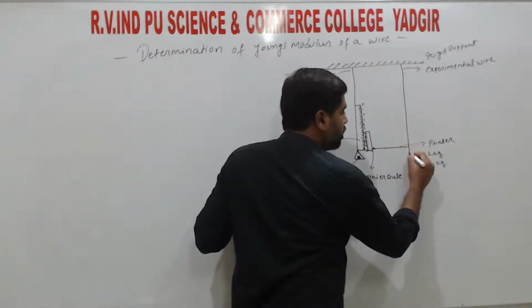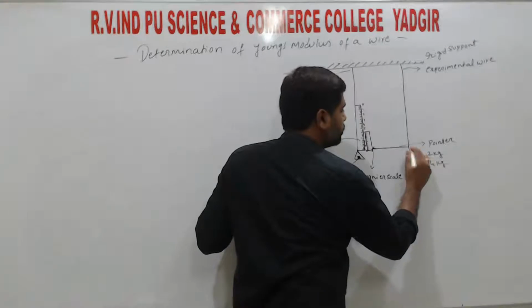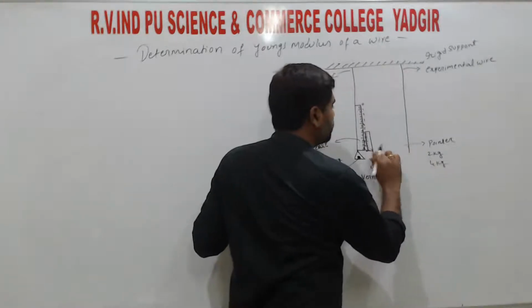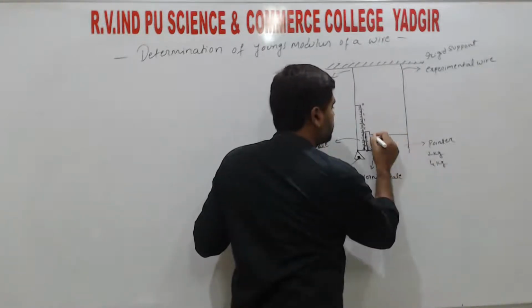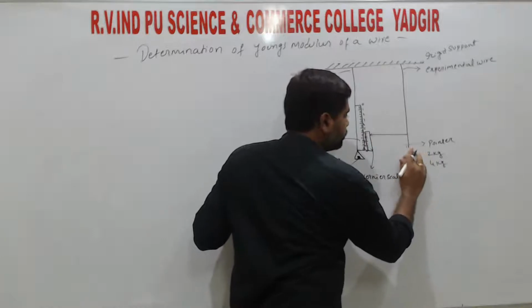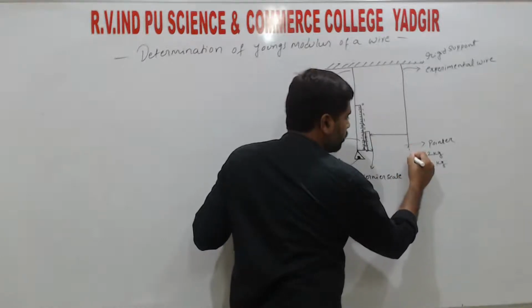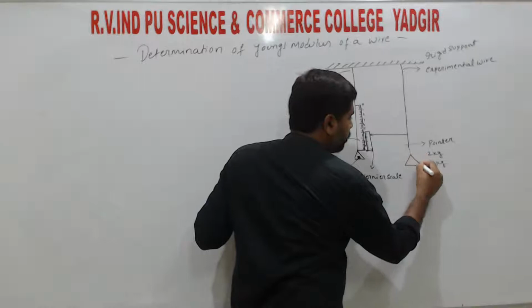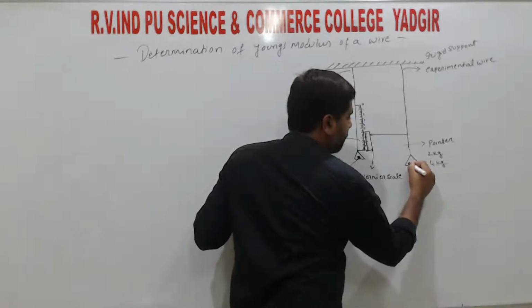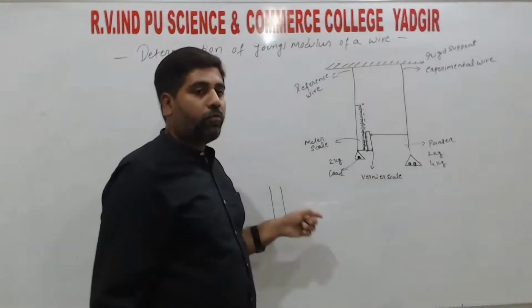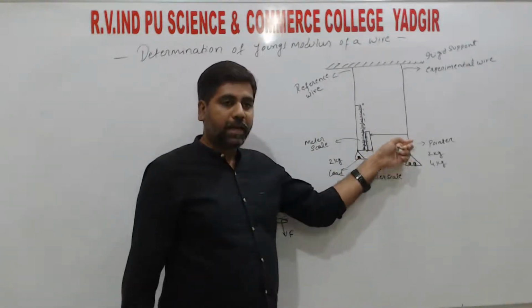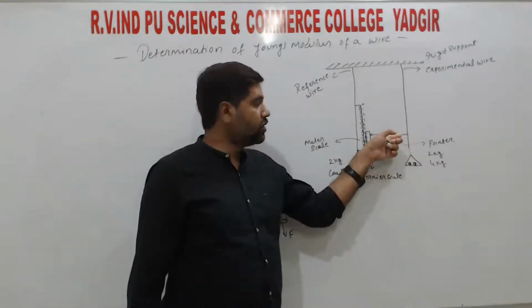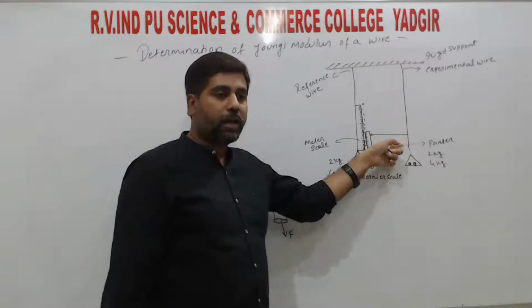As the wire comes downwards, when the length of the wire increases, the pointer also will come downwards.